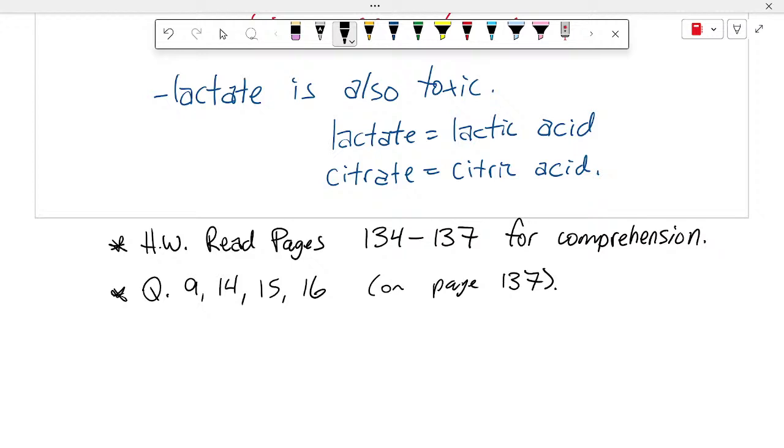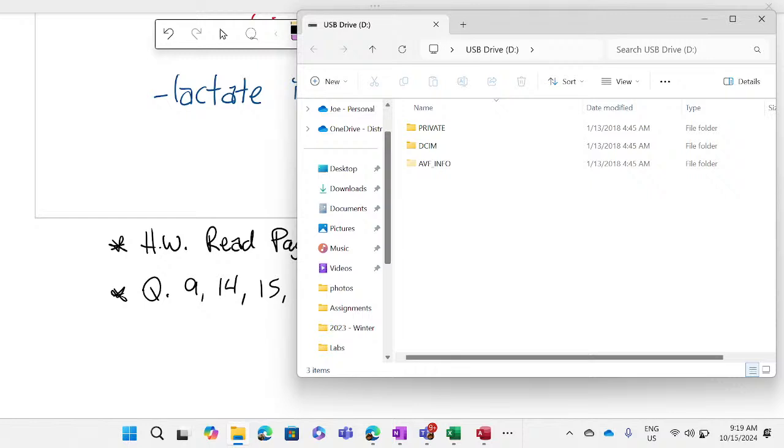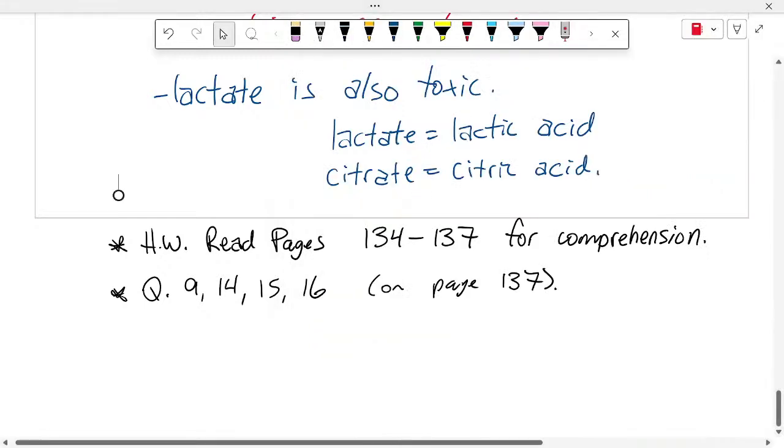You should be able to read question 9 and go, oh, I know the answer to that. And if you don't, then you know what you need to do? You need to reread it, or maybe talk your way through it, or maybe write it out, or maybe call up a friend and be like, hello, friend, I just did the textbook reading of pages 134 to 137. I was wondering if you want to talk your way through it with me. Something like that. Yes, sir.